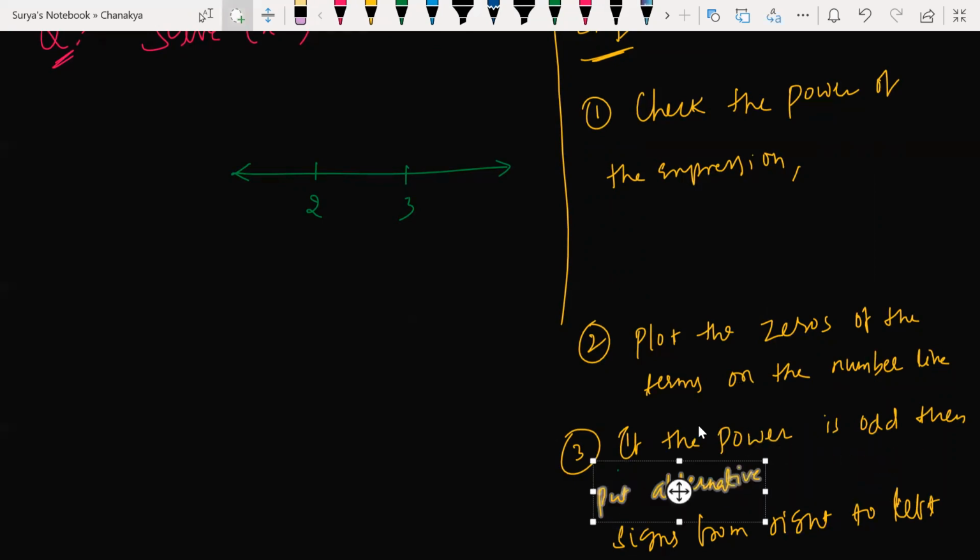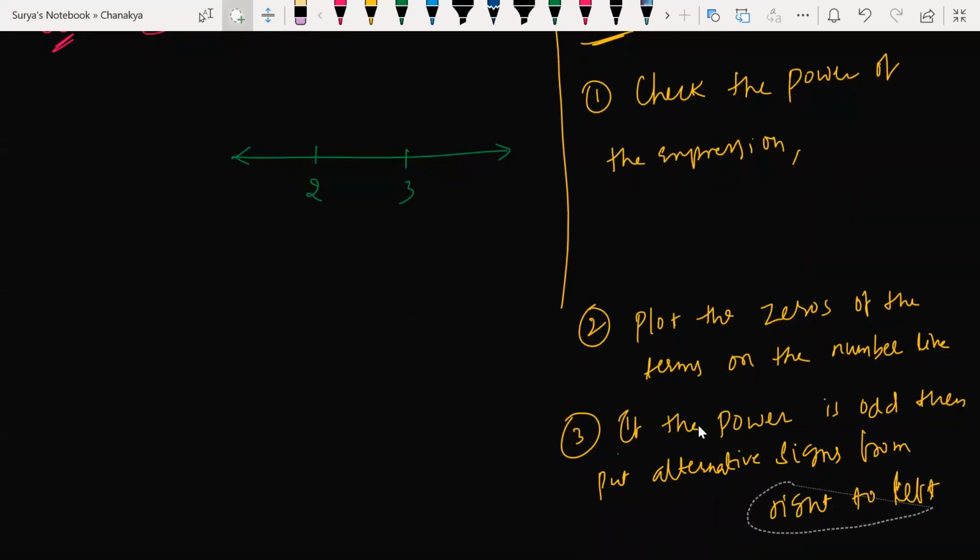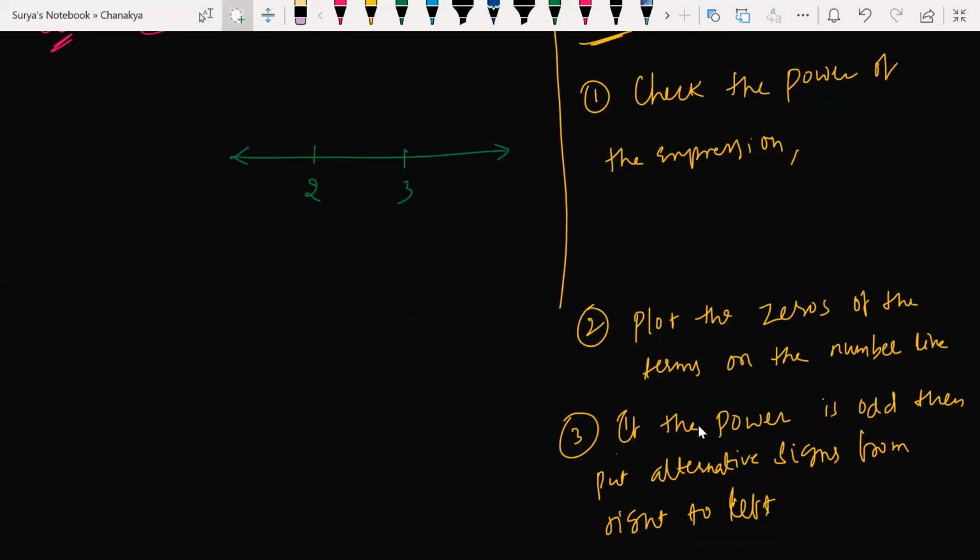Very simple. You can write it like this, from left to right. This is the third point.